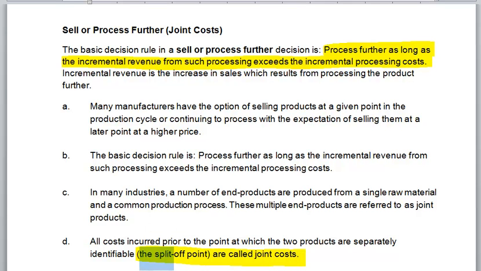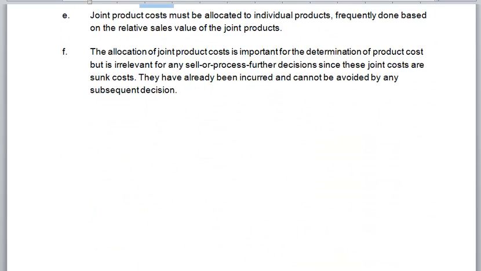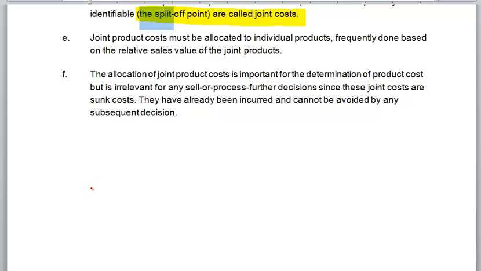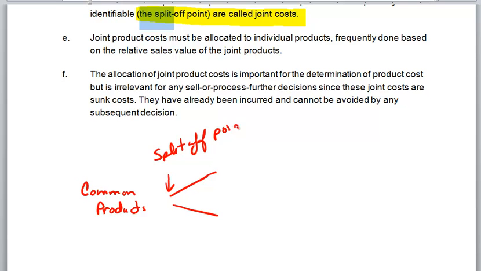And all prior costs, so like again here, if we've got common products, and then from here we have the split-off point, and we incur joint cost up to this time, these are irrelevant because the joint cost is the same through here.